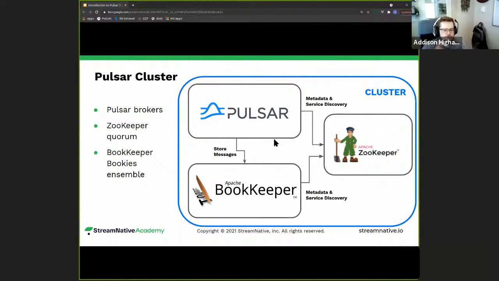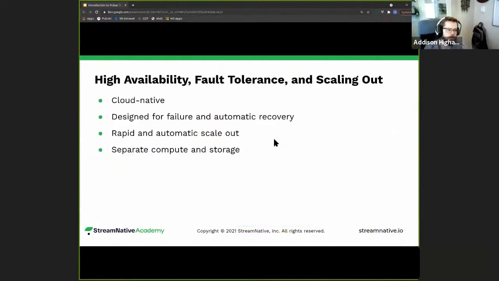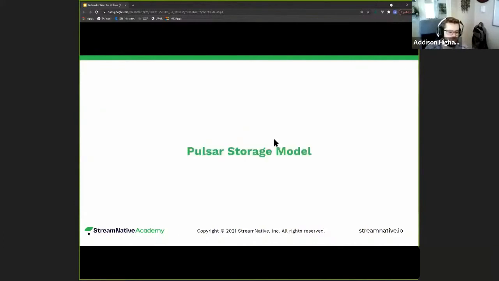There's some flexibility here that really can allow for very large Pulsar clusters. Once again, this architecture provides high availability, fault tolerance, and easy scale out. It's cloud native, running across a variety of different hardware in the cloud, that seamlessly scales out. It's designed for failure with automatic recovery, and when scaling out, you don't have to do any manual rebalancing. It's all done automatically, separating out your compute and storage.